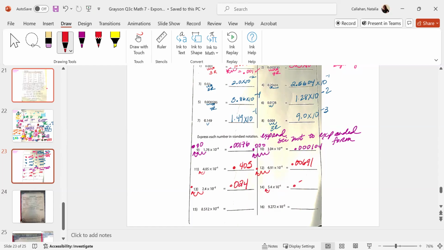So 13 it would be 0.024, and 14 it would be 0.54. Keep on. What's your number 15? 0.008512. What about number 16? 272. Good. I think that's it, right? Yeah.